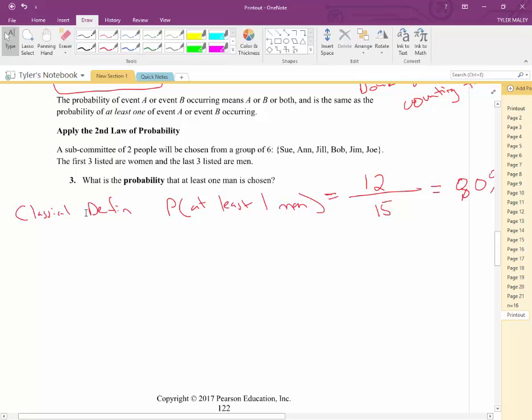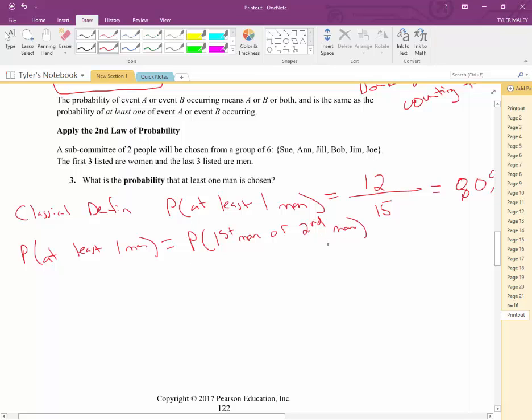Now if we apply the second law of probability, the probability of at least one man logically means that the first person chosen is a man or the second person chosen is a man.